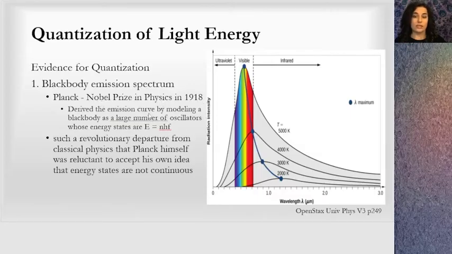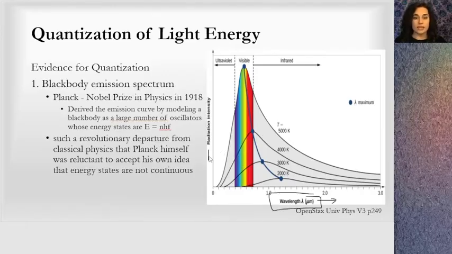What he saw is the emission curve for a radiating body, and what you can see here is there's a wavelength, and you may think about the light bulb or the sun or other stars, etc. They have some sort of heat that they radiate. There's radiation emitted by these objects, which corresponds to some sort of wavelength for that radiation.